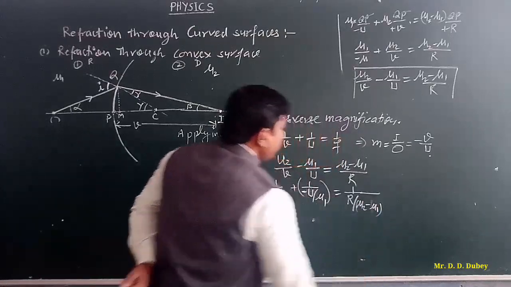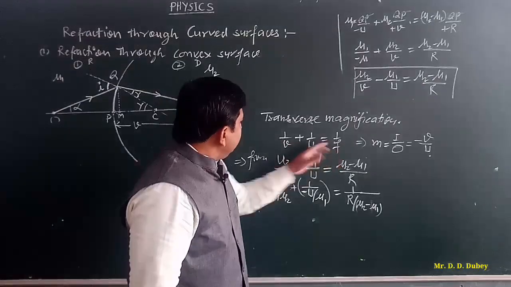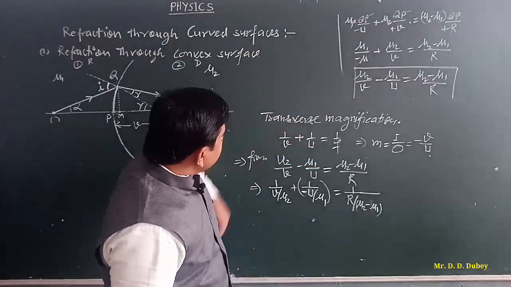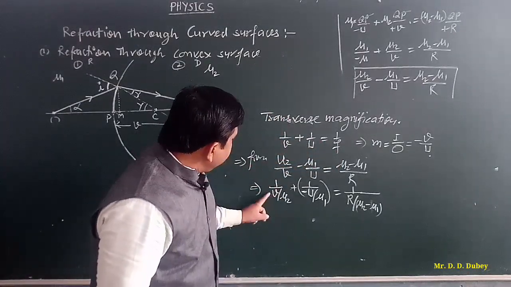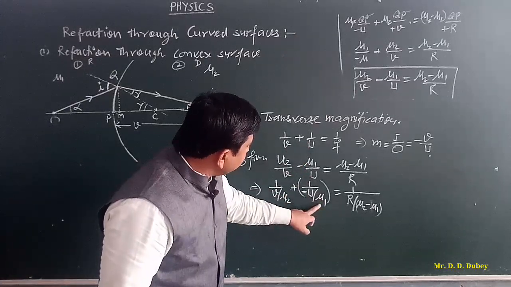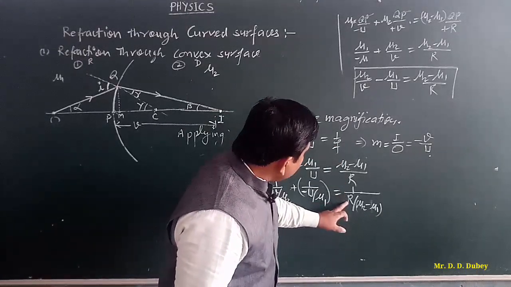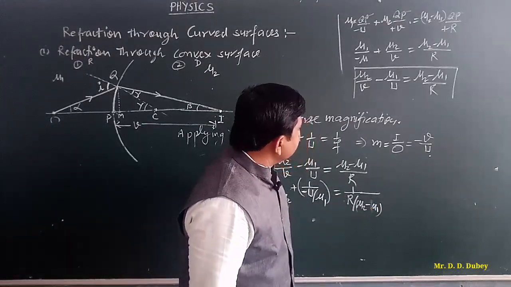So we have replaced V by V by mu2, U by U by mu1, and F is R divided by mu2 minus mu1.